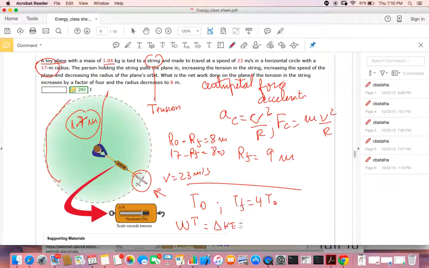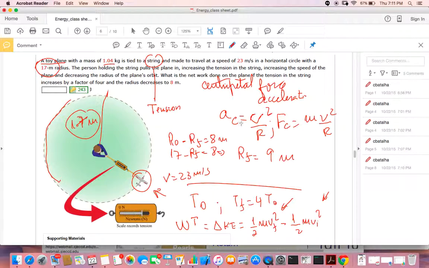So the only thing, believe me, you need to do to solve this problem is to find the final kinetic energy minus the initial kinetic energy. And then the problem is solved. So basically, you need to find the final velocity and the initial velocity, since the mass is given.